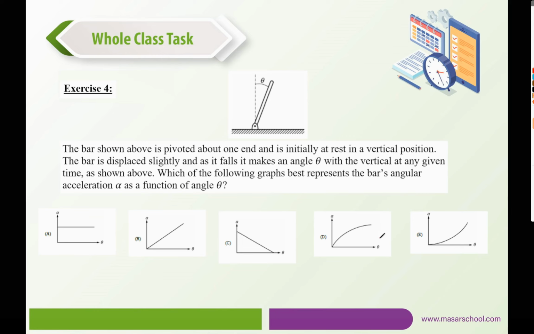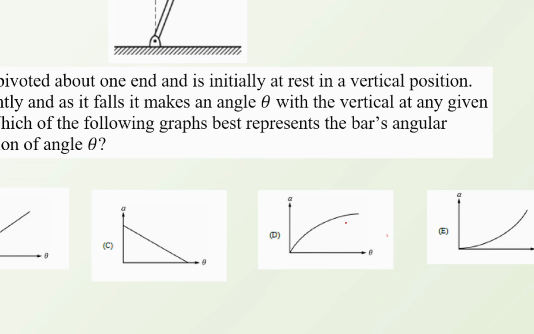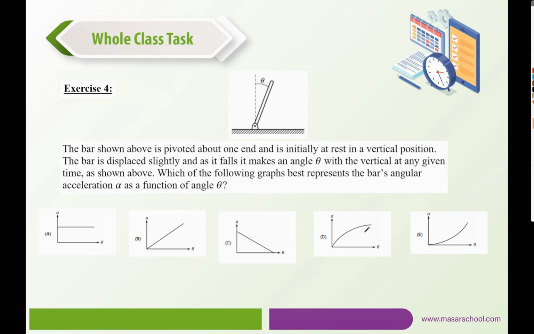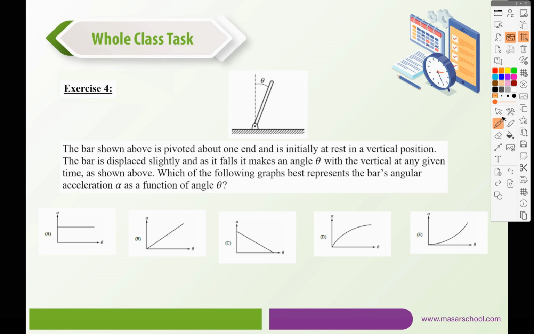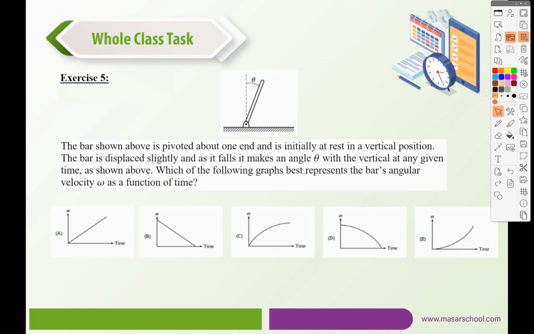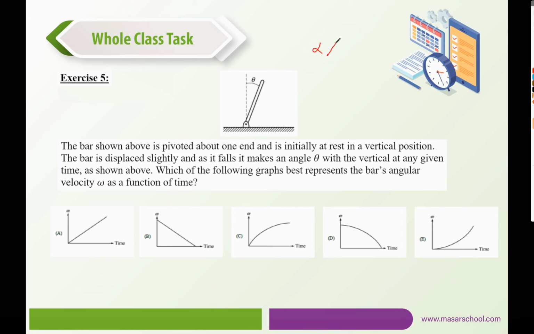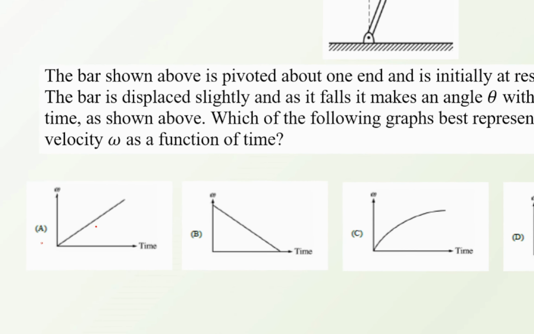we notice that as time evolves, theta is increasing and the magnitude of alpha is increasing. Okay, so now we know that alpha is increasing, which means that if we refer to the first one, this is a straight line.